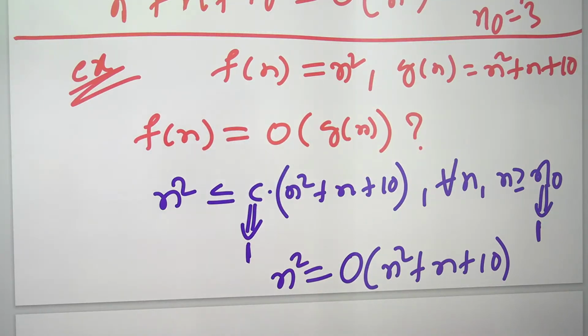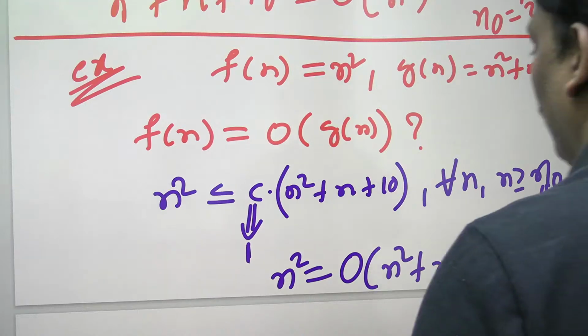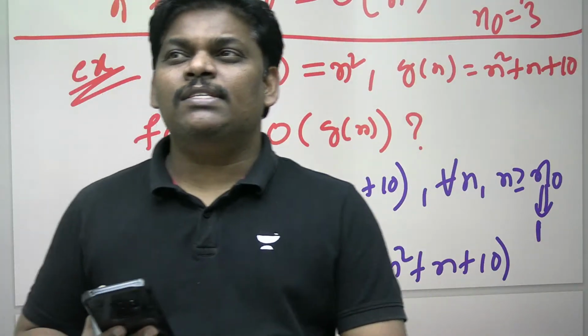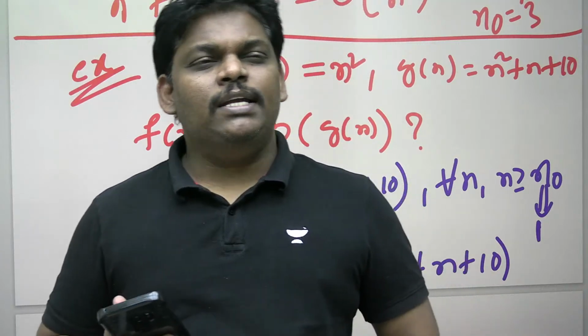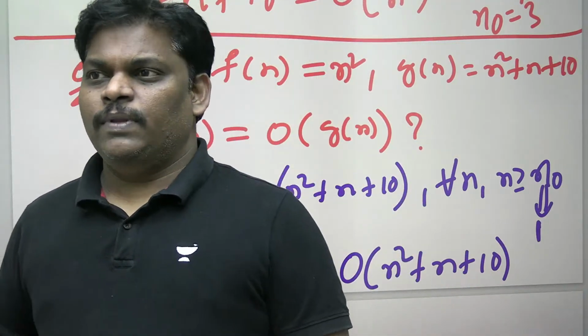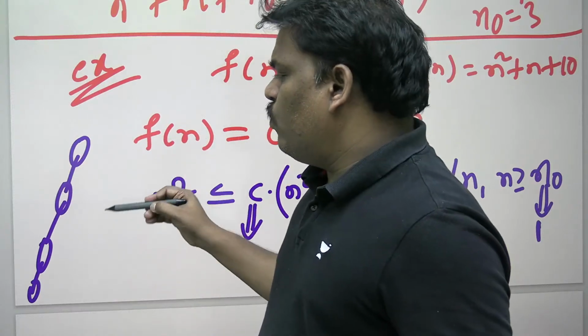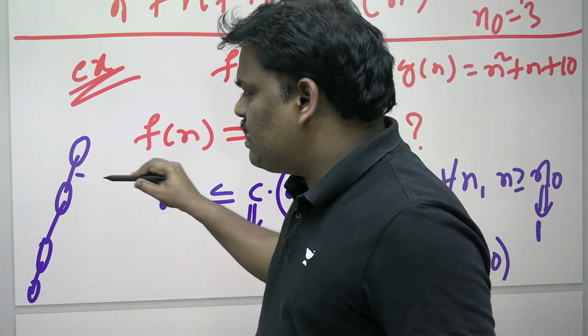Sir, height and level difference. If levels are 5, height is 4. One less. Levels are 4, but height is 3. Height means edges.